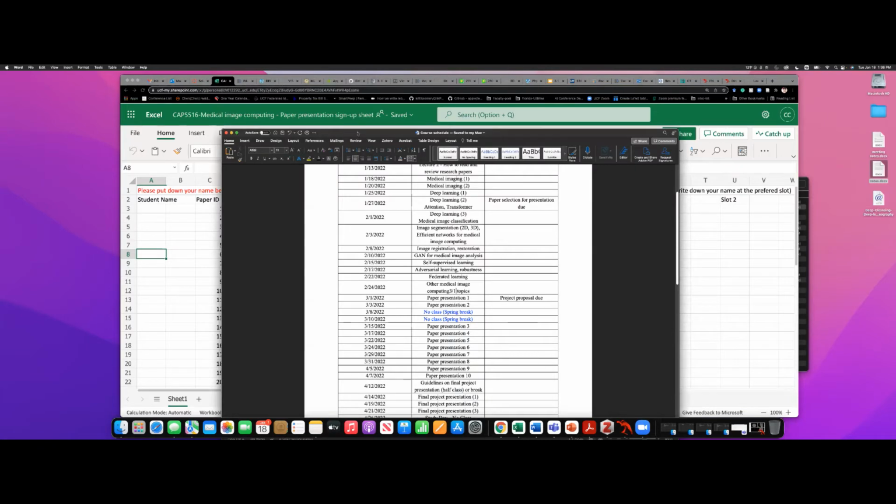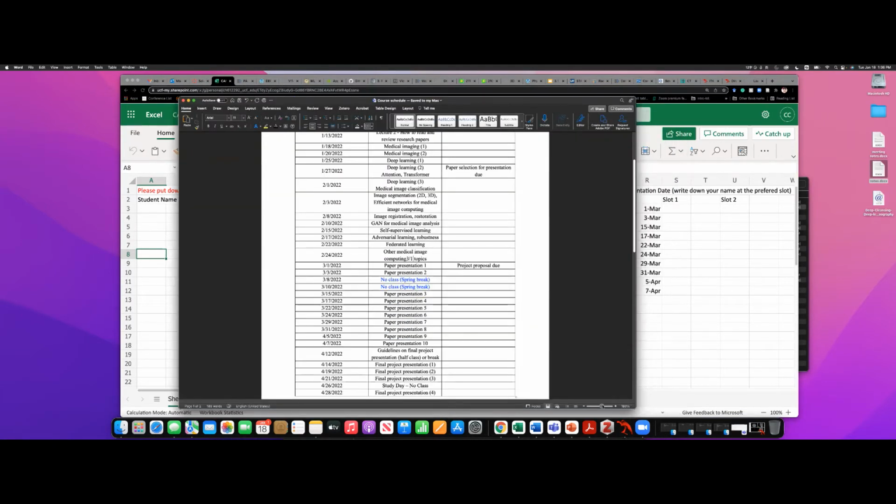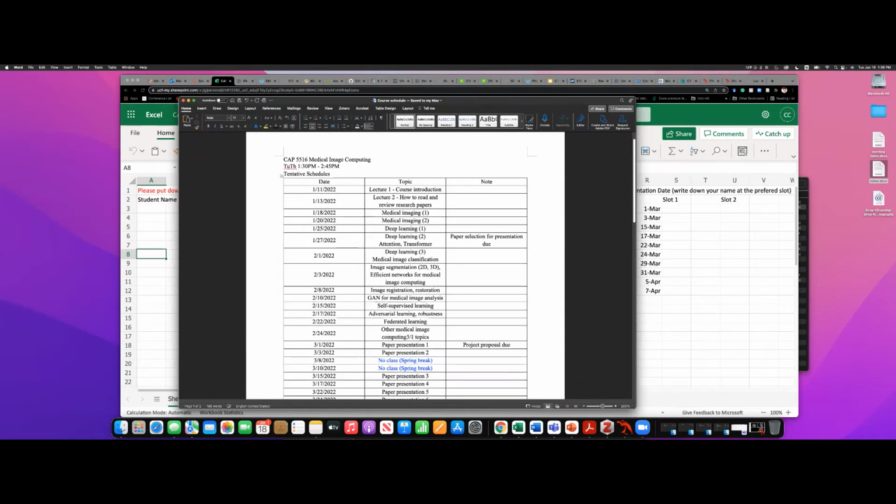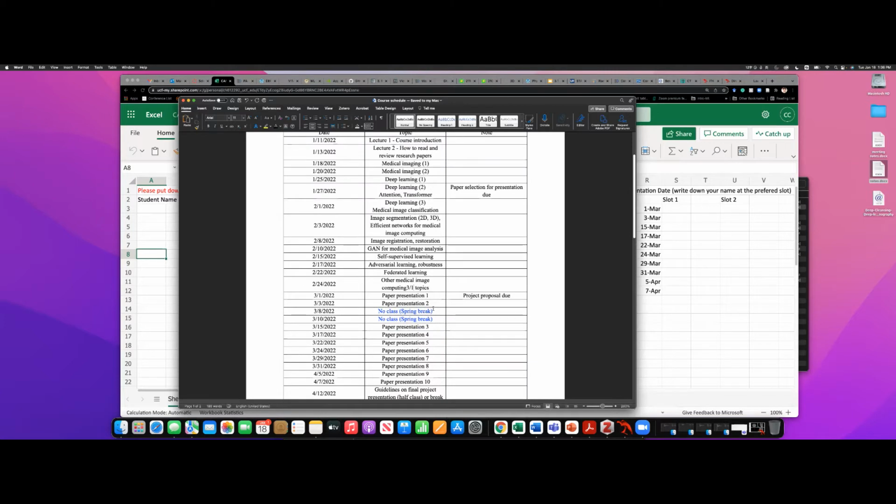Also, since we have already finalized the course roster, we know there are 19 students, so I can finally schedule what the future lectures will look like. In the next 8 or 10 lectures, you can count here, I will cover different topics for deep learning and medical image computing.